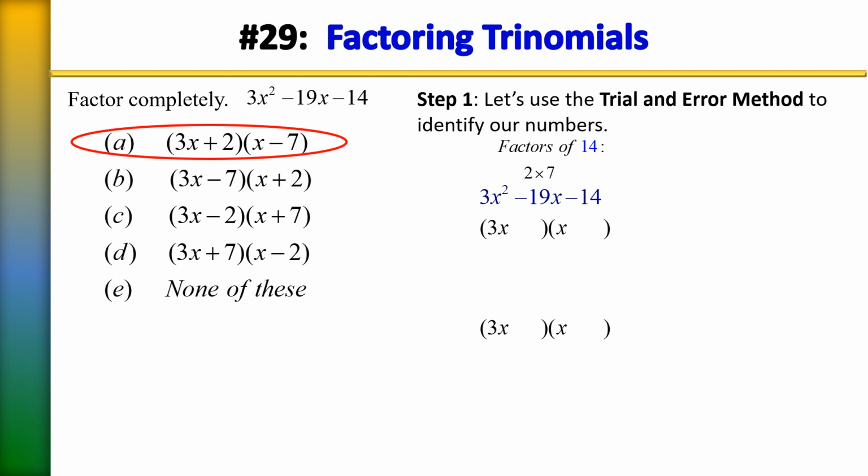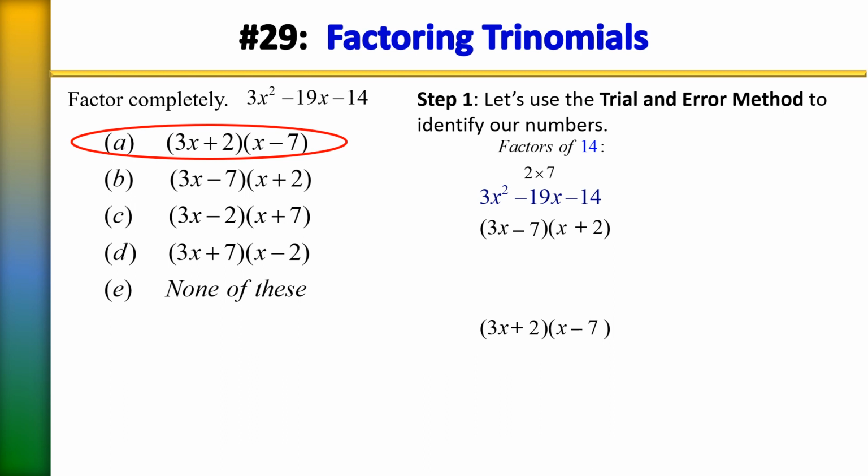So it's basically only two options as to how this can be factored. You can have the negative 7 first with the 3x, and then the plus 2 with the x, or you can try it the other way with the plus 2 with the 3x and the minus 7 with the x. So it's got to be one or the other. So let's figure out which one it is.